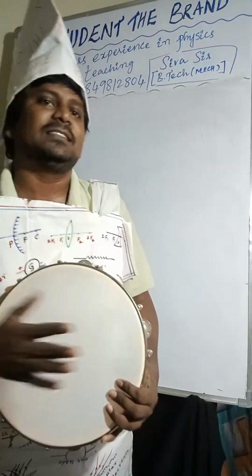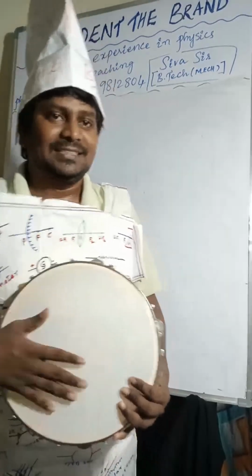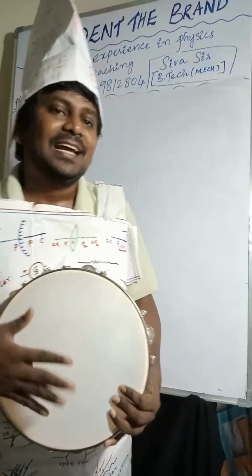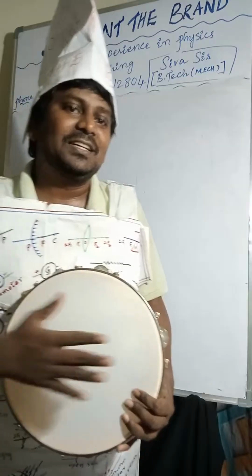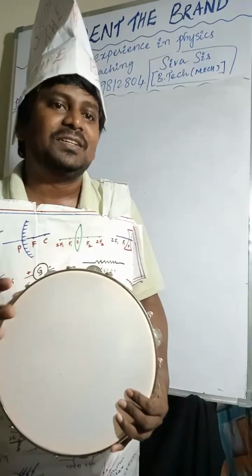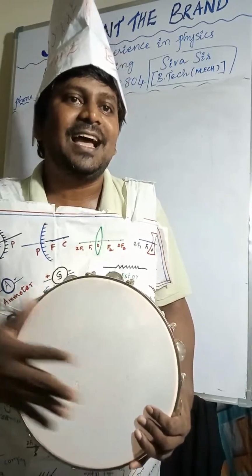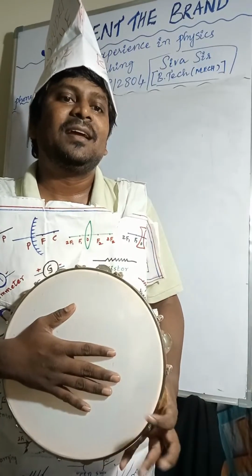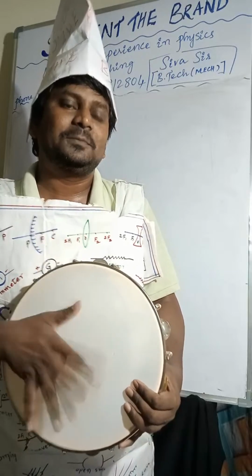All distance measured from the pole, distance are positive along the eccentric, distance are negative opposite to eccentric, distance are positive above the principal axis, distance are negative below the principal axis.